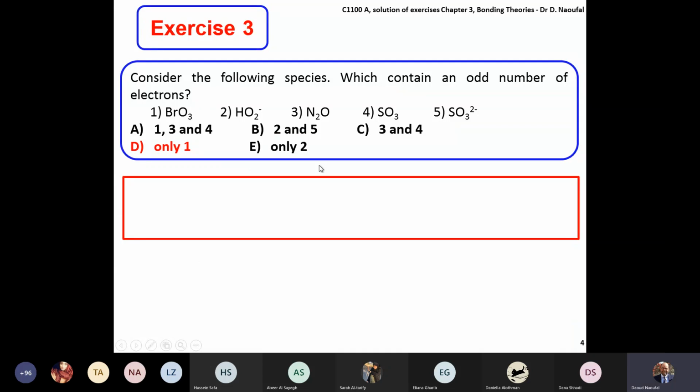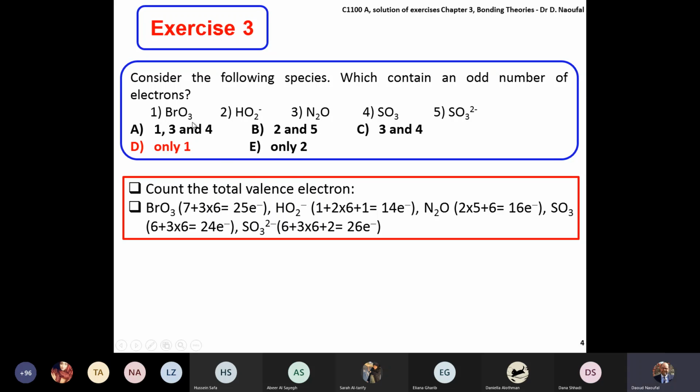Exercise 3. Consider the following species which contain an odd number of electrons. In this type of exercise, we have to count directly the total valence electrons in the species. In BrO3, the bromine has 7 valence plus 3 times 6 for oxygen, so we have 25.